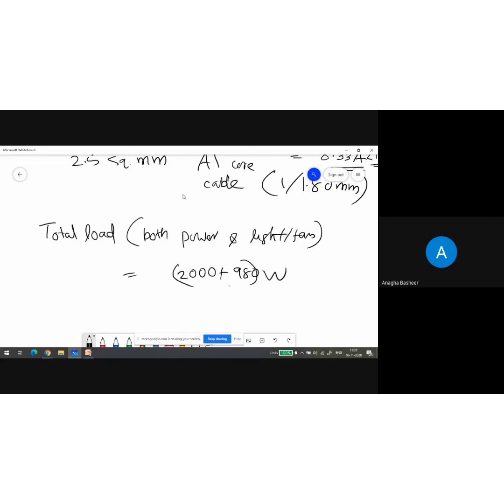So total load current is how much? Total power divided by 240 volt, which is equal to 12.4 ampere. Why we have to choose this total load current? Why have to do this step? We have to select the distribution box rating, distribution board and main switch board. So total current you have to find. Once you get total current, what is the next step?